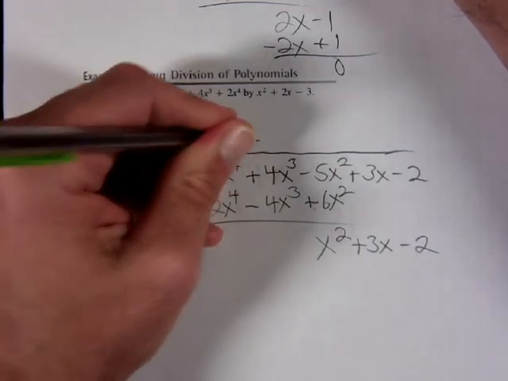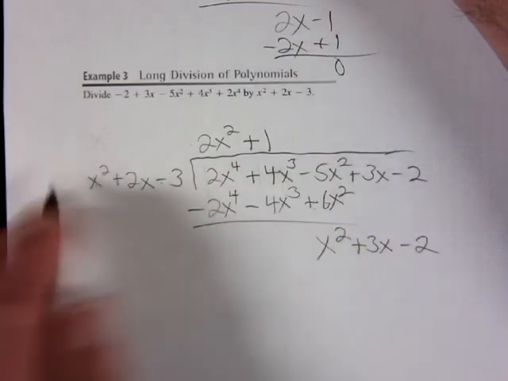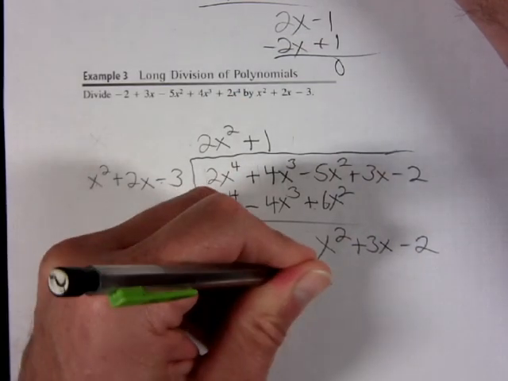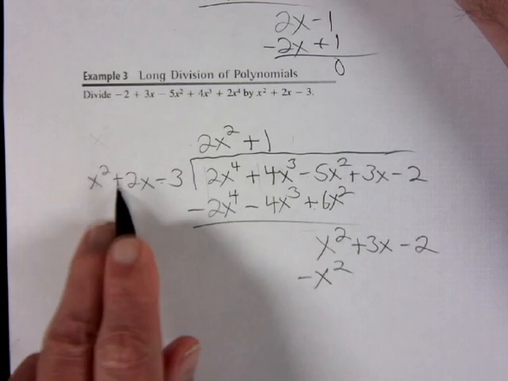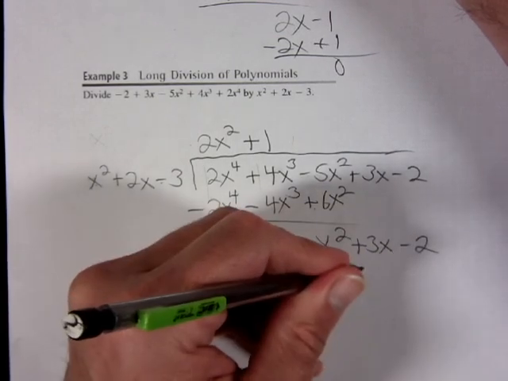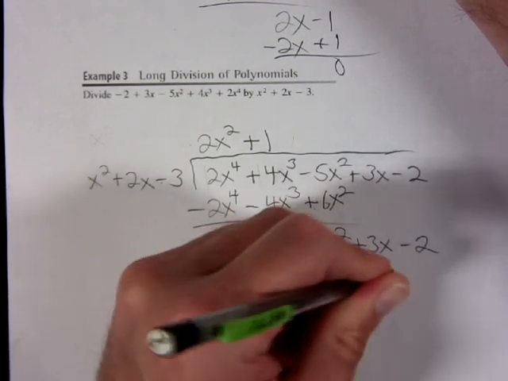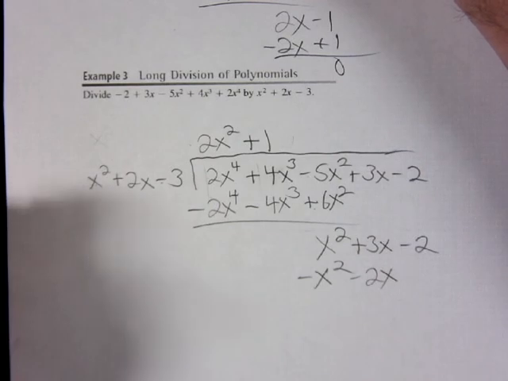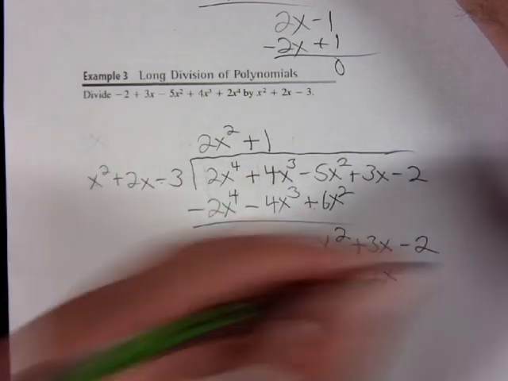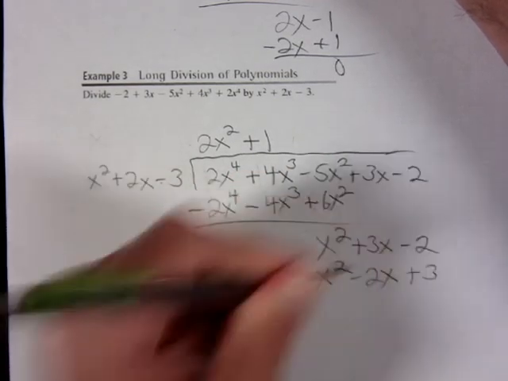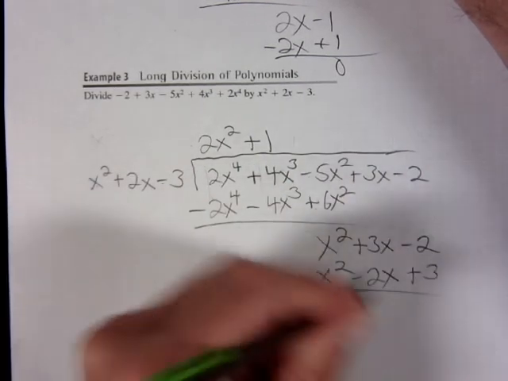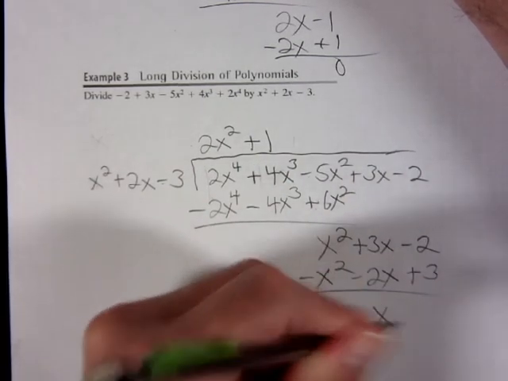I just need to multiply it times 1. So when I do that, I've got minus x squared. Go ahead and change the sign. Then I've got positive 2x will change to a minus 2x. And minus 3 will change to a plus 3. And we drop that down. That's gone. This, however, is not gone. That's x plus 1.